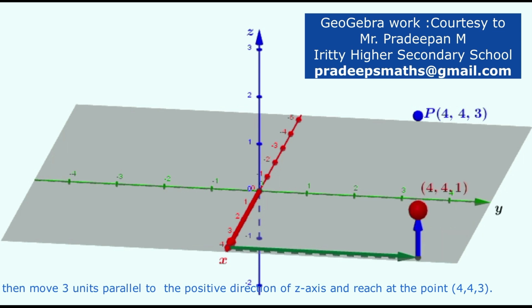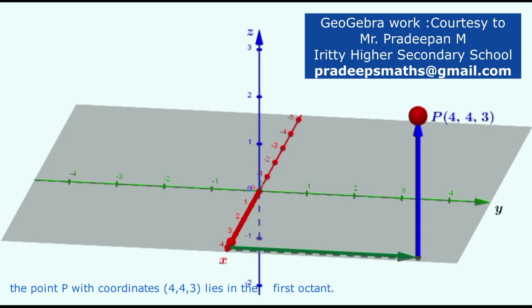Then we move 3 units parallel to the z-axis and arrive at the point P with the coordinates (4, 4, 3). The point P lies in the first octant.